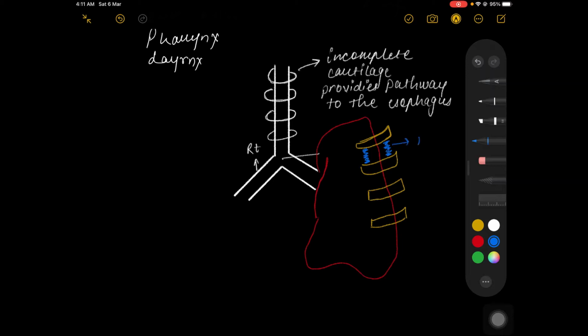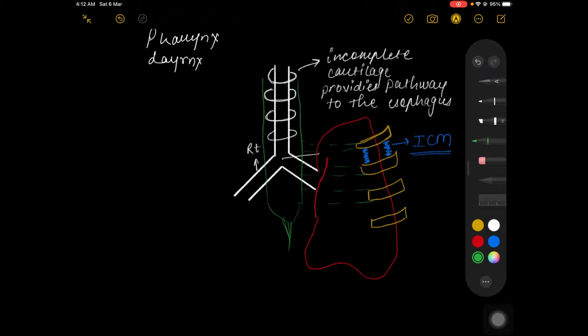These are the external intercostals and the internal intercostals. And these ribs on the anterior surface come and join at the sternum.